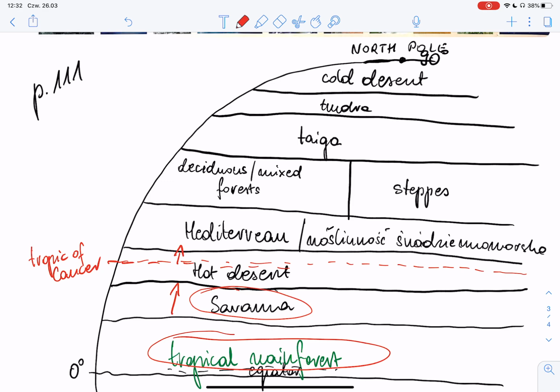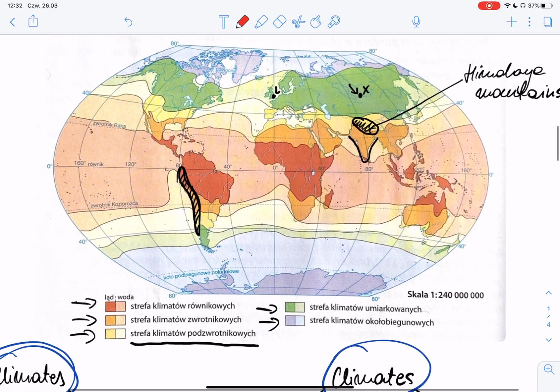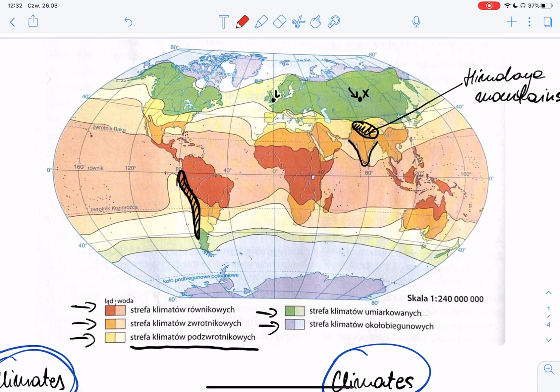The more to the north you move, you will see more deciduous trees, the ones that have leaves, and mixed forests. If you go to the middle of the Asia, let's go back to this map for a second. So, if you go from the desert, Sahara Desert here, you will see the Mediterranean zone in here.